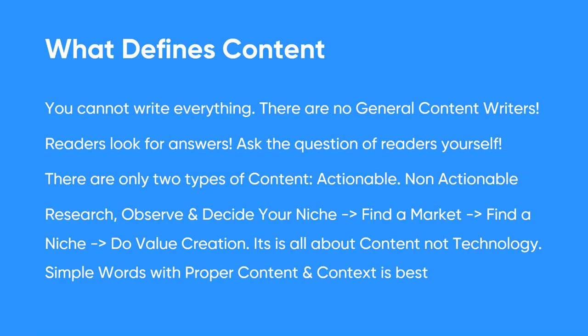So basically you have to pick one particular market, and then start practicing. But before that, we have to understand what readers look for in content. When they read content, what are they looking for? For example, if you are scrolling in Facebook, a lot of articles will come up.